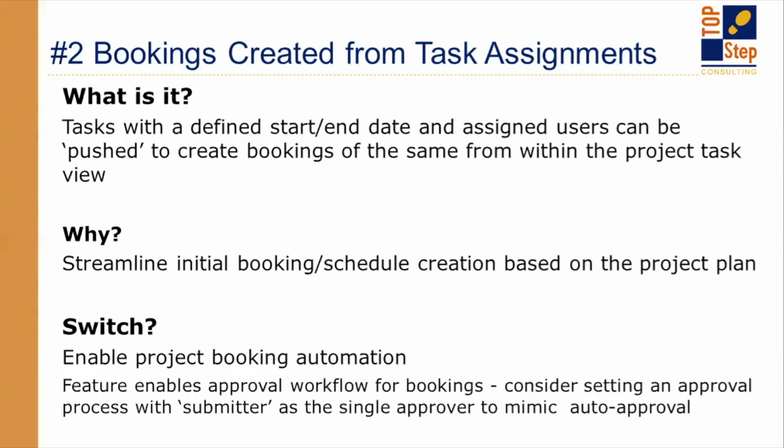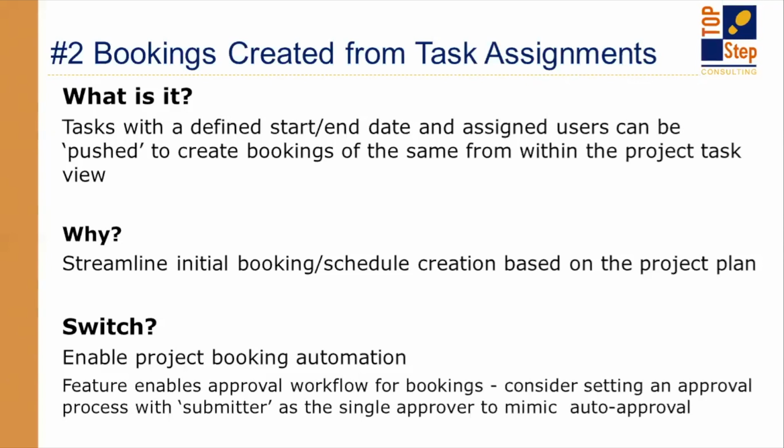Okay. This is an internal feature. It's called Enable Project Booking Automation. When you turn this feature on, it does open up or activate a workflow in the bookings area of the resource module. So now, instead of it saying list, grid or worksheet, and planner, it shows open, submitted, approved, rejected, worksheet, and planner.